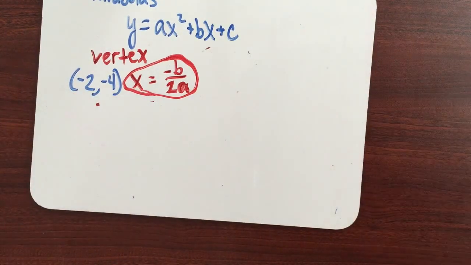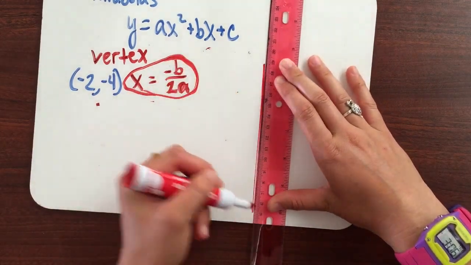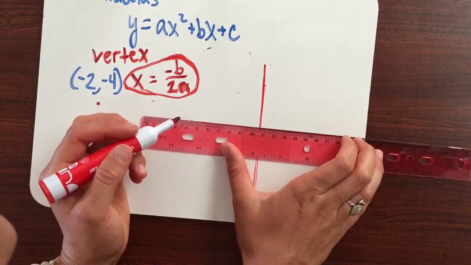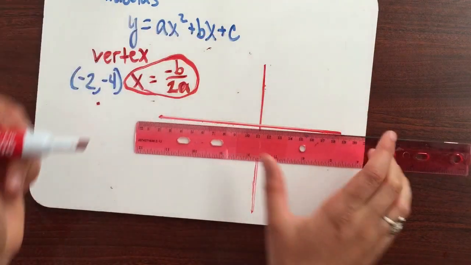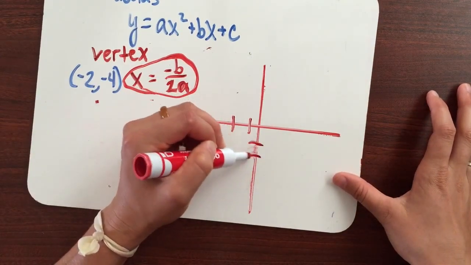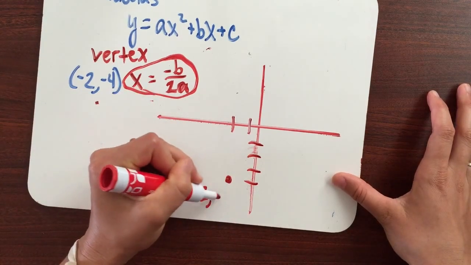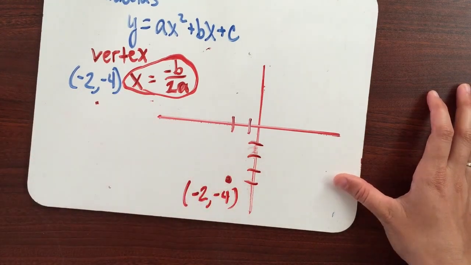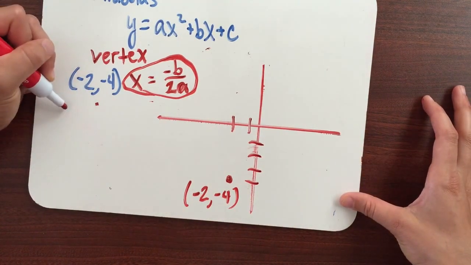So we have our x and y axes here. Negative 2, negative 4. And then another exact point that we're always going to know is our value of c.